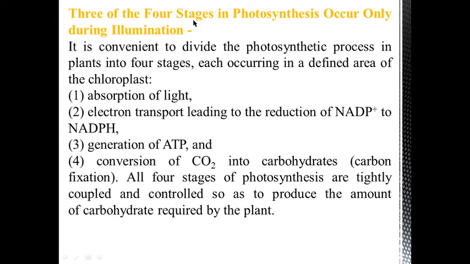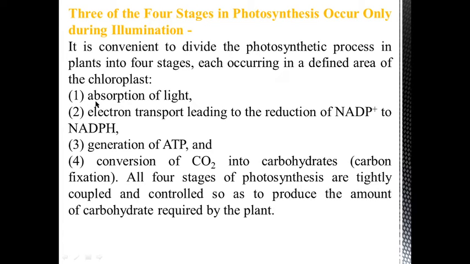Three of the four stages in photosynthesis occur only during illumination. That means out of four, three processes are during illumination. It is convenient to divide the photosynthetic process in plants into four stages, each occurring in a defined area of the chloroplast.